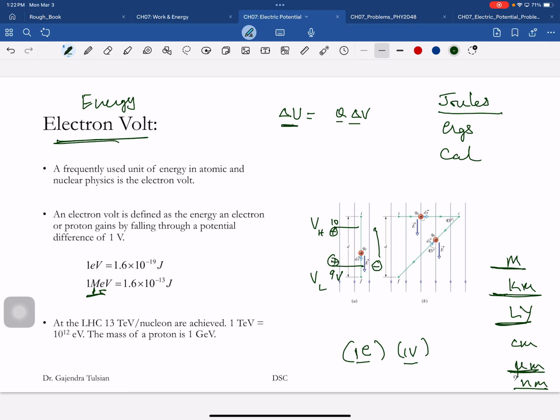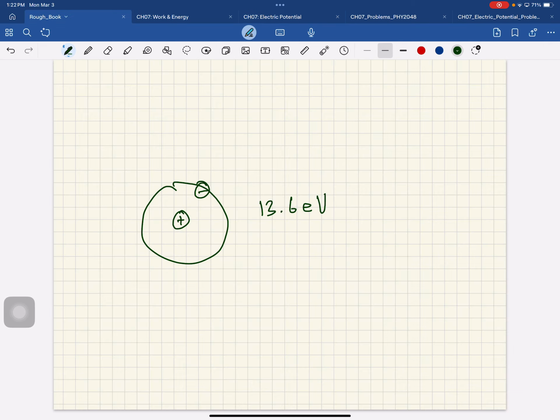Let's get back to this guy. Who will tell me what this is? It's a hydrogen isotope, deuterium. To remove this electron, you need 13.6 electron volts.